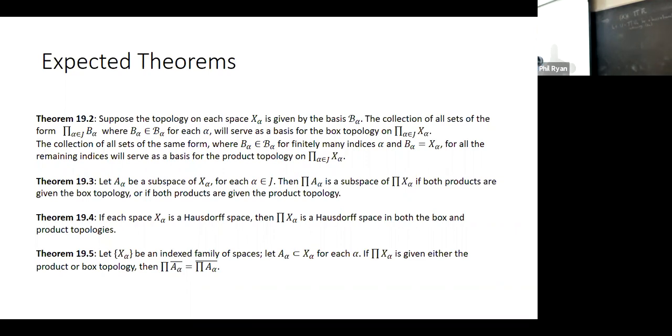So if it's in the box topology, the U alphas can be all different, and if it's in the product topology, only finitely many are not the whole space.